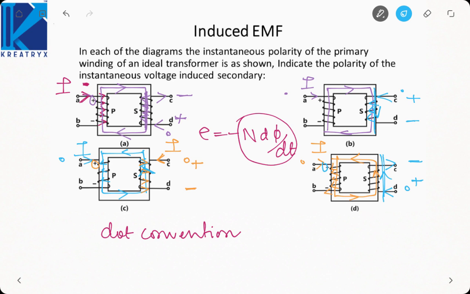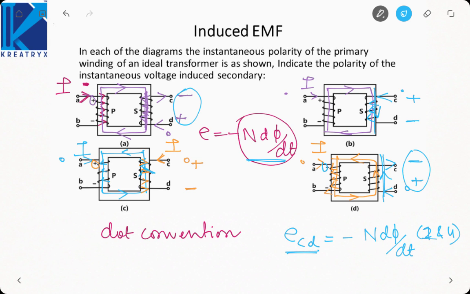Once you have identified the polarity of the induced EMF, then you will simply apply N d phi by dt to calculate the magnitude. Since you know both magnitude and the direction, you can write the final answer. So if I would have asked you what is ECD, as you can see ECD is negative in the first and the fourth case, so you will keep minus N d phi by dt in the first and the fourth case.